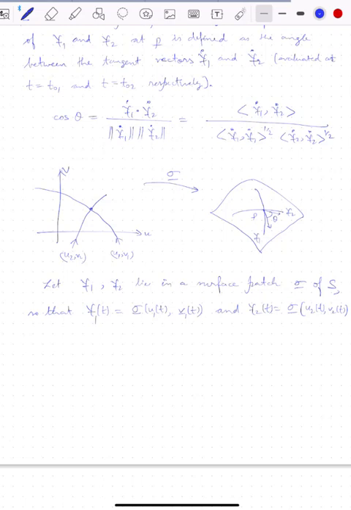And of course, these are all smooth functions, for some smooth functions u1, v1, u2, v2.